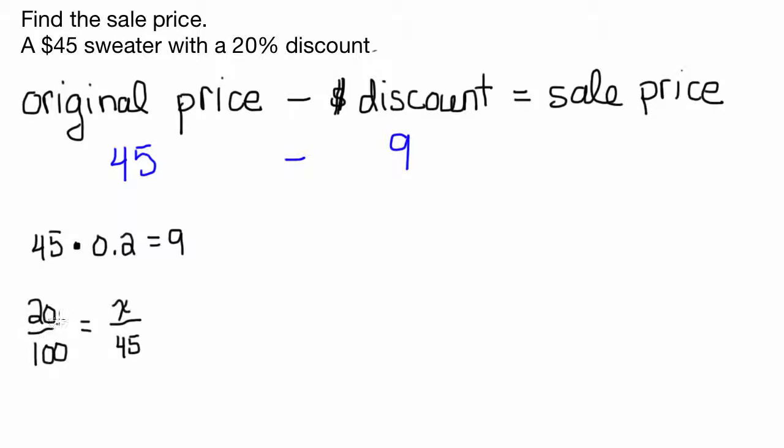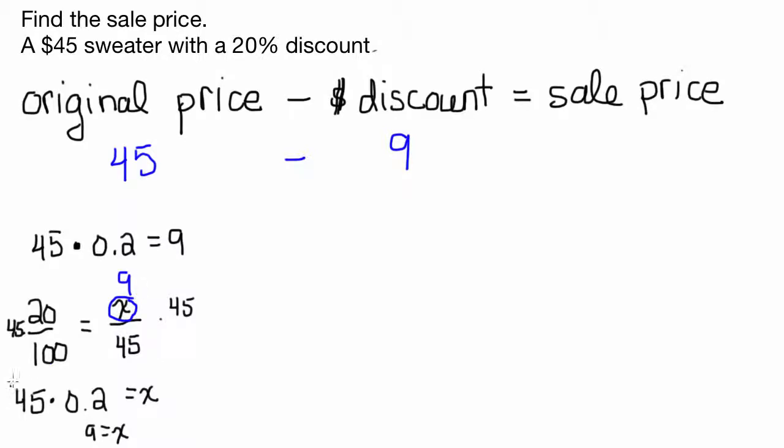All you're going to do is take the cross products, and what you end up solving for is, if you multiply both sides by 45, you end up with 45 times 20 over 100, which is just 0.2, and that's going to equal x. In this case, 45 times 0.2 is 9. So this x is 9.